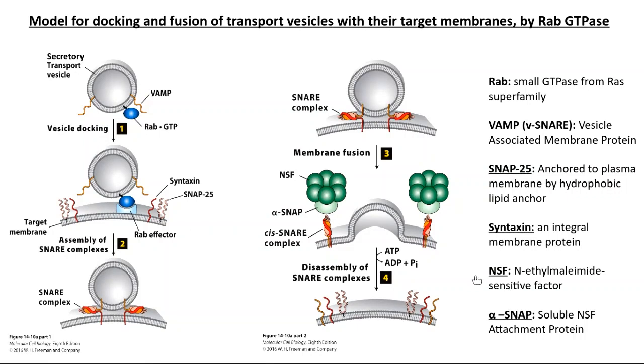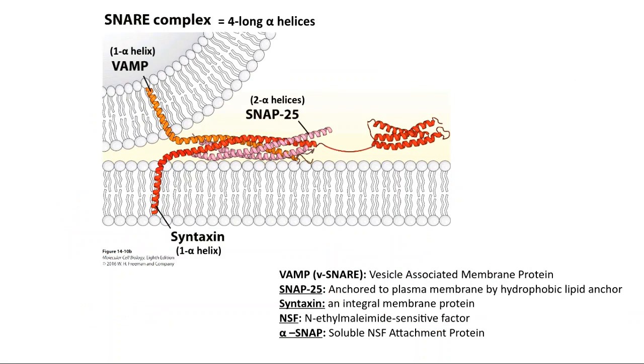So going to the next slide, this is just a structure which shows how they are arranged. So there is one alpha helix, that is VAMP in this case. And we have one alpha helix called syntaxin that is associated with the membrane itself, the target membrane itself.